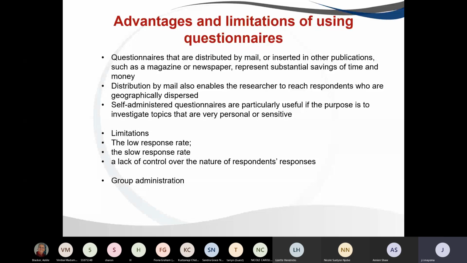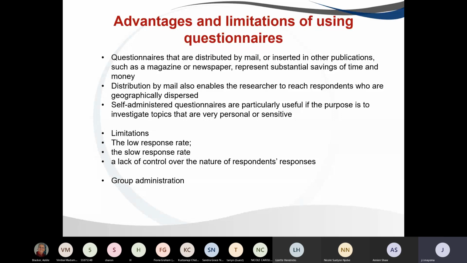You can reach literally not just anyone in the country, but anyone in the world, right? And they are particularly useful if the purpose is to investigate topics that are very personal or sensitive. If it's an anonymous survey and you want to ask personal things, sometimes it's easier to just tick a box than it is to explain to someone that you don't know.